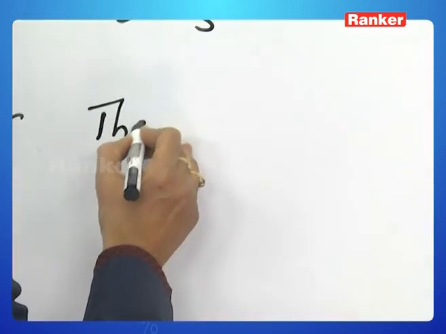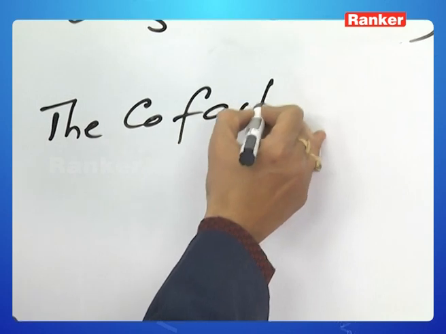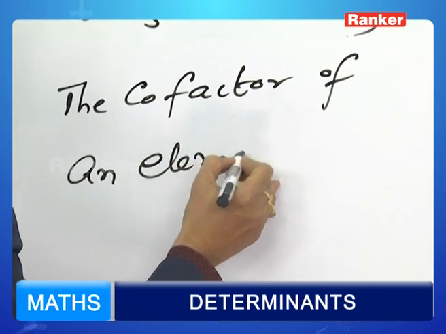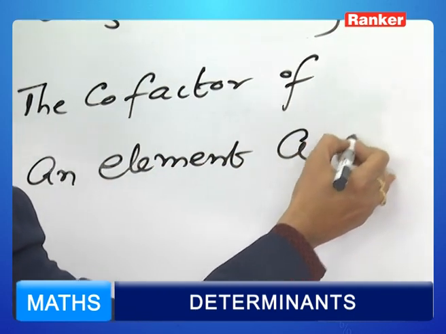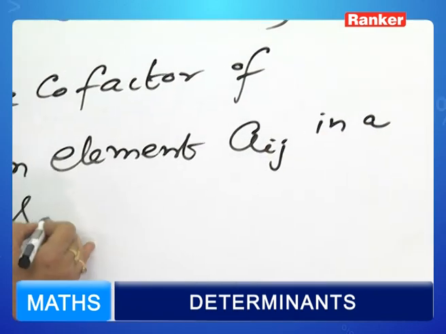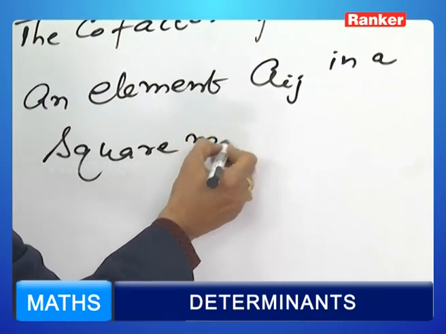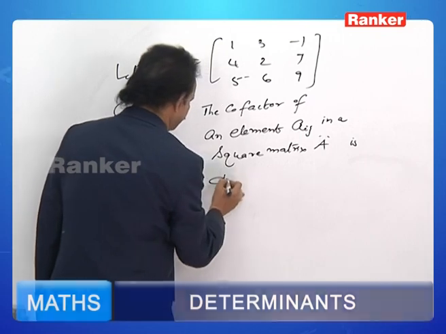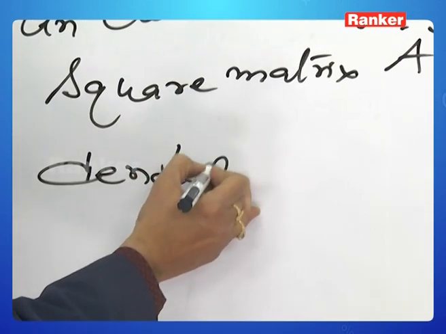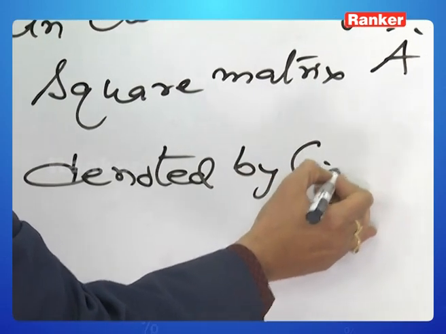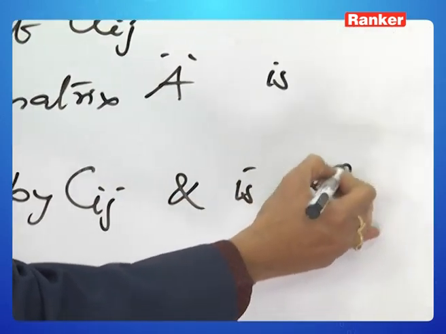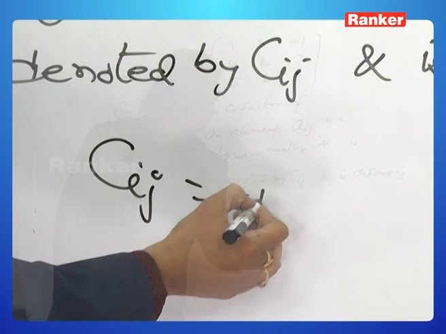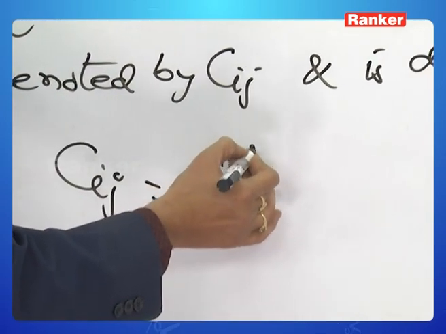The cofactor of an element Aij in a square matrix A is denoted by Cij and is defined as Cij is equal to minus 1 whole power i plus j into Mij.